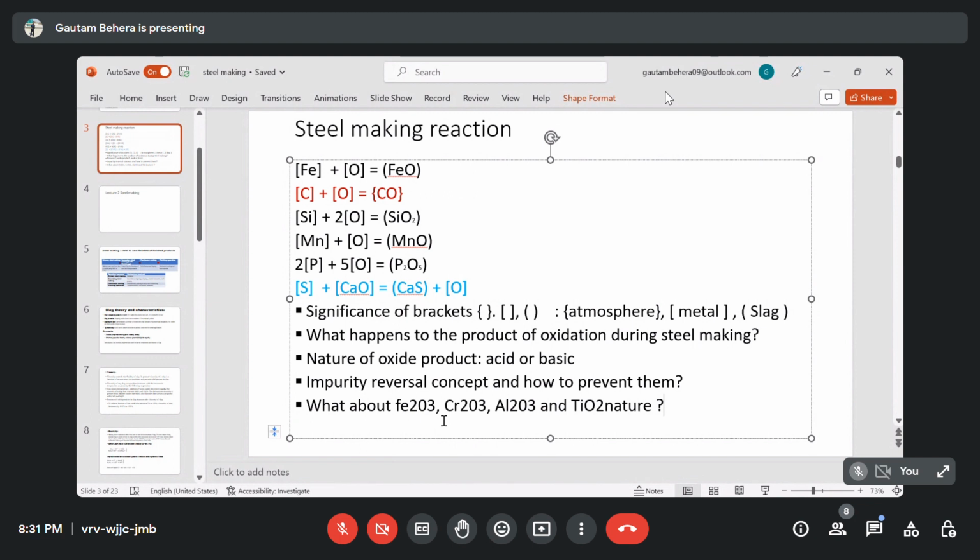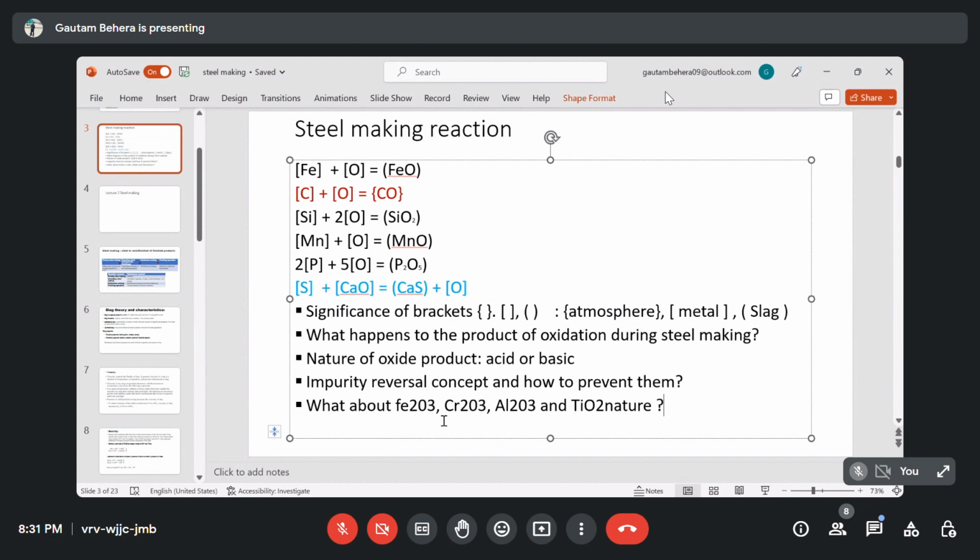Certain oxides are amphoteric in nature. You might have heard this word in school days, amphoteric. Amphoteric oxides means those oxides will behave both as acidic and basic, depending upon the situation. Suppose the slag is of acidic nature, that particular amphoteric oxide will act as basic.